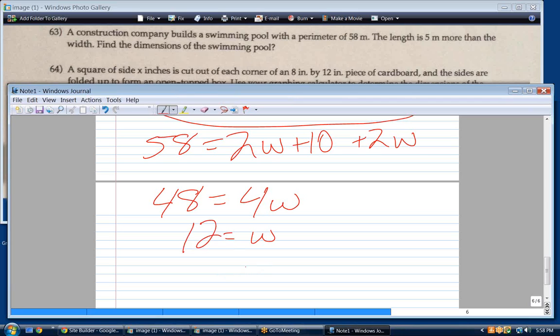And what does L equal? W plus 5. 12 plus 5 is 17. Okay? So that's the dimensions of the pool, 12 by 17. The key in all of these is 2 equations, 2 unknowns.